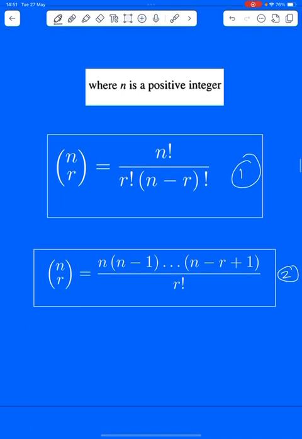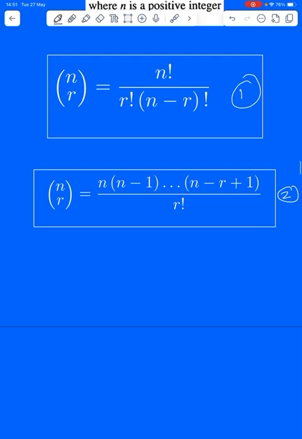Now, let's say we are still using your 5 choose 3 just now. If you use the first formula, it means 5 factorial divided by r factorial, which is your 3 factorial here, multiplied by 5 minus 3 factorial.